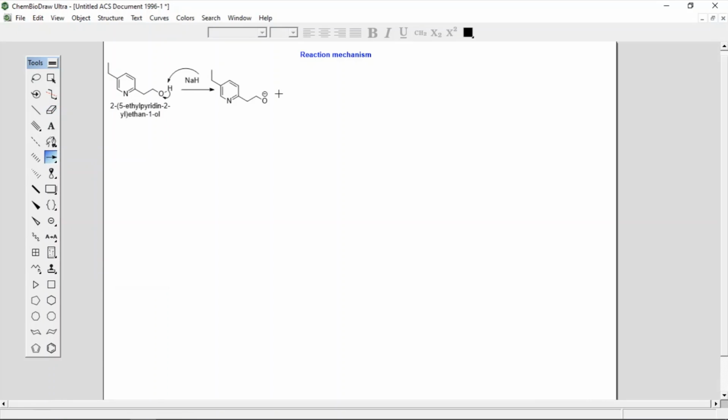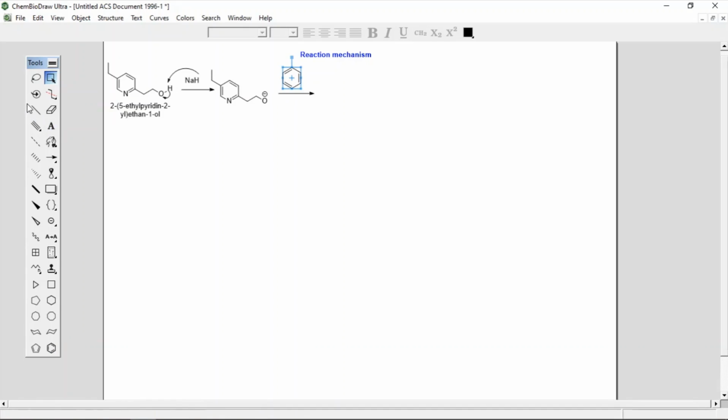Then the next step is this will react with your 4-fluorobenzonitrile.